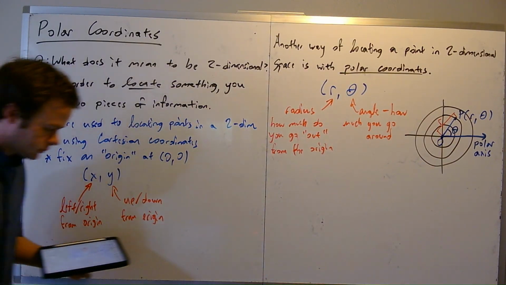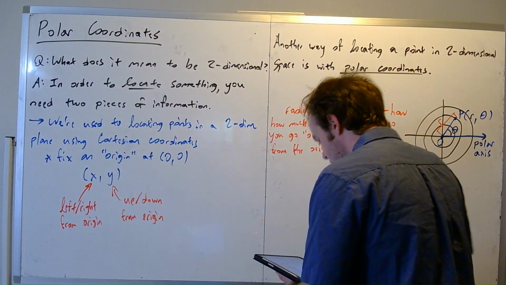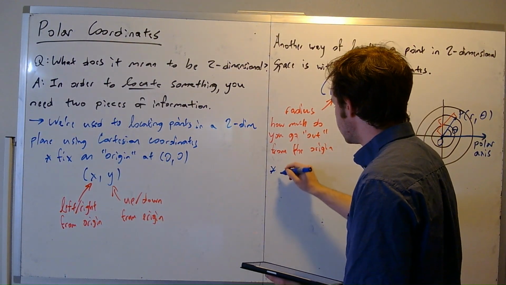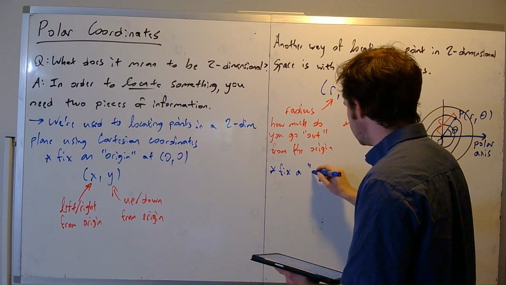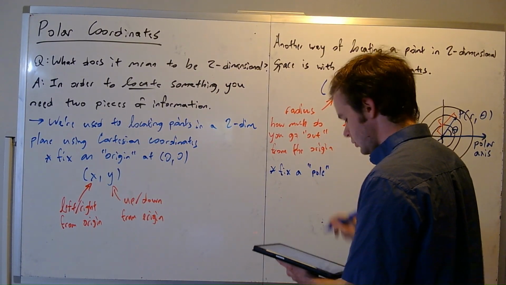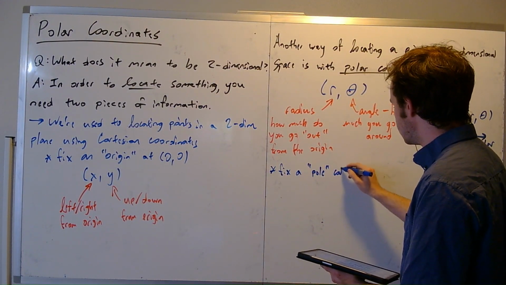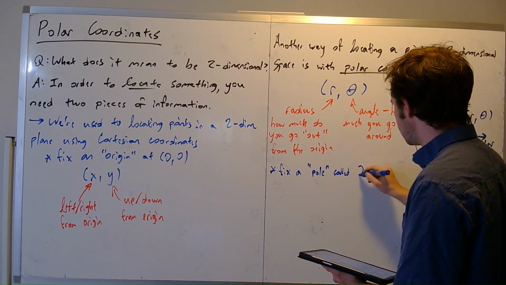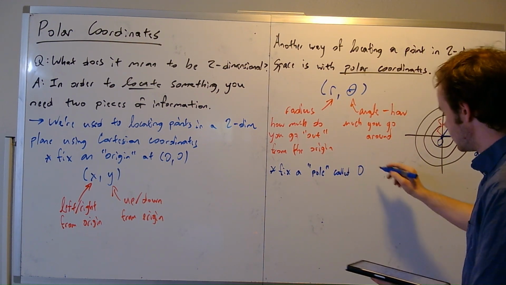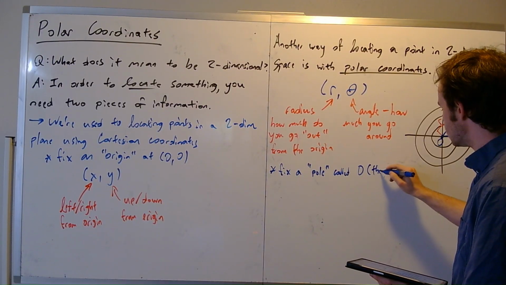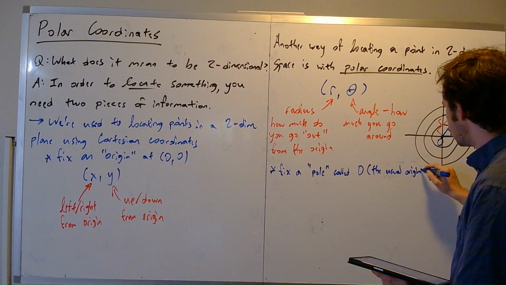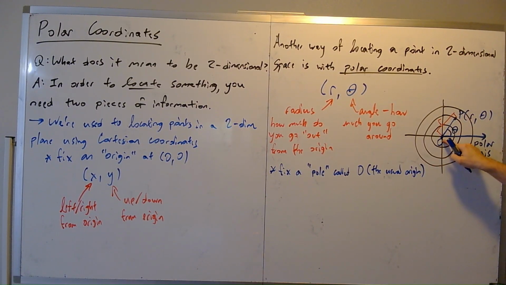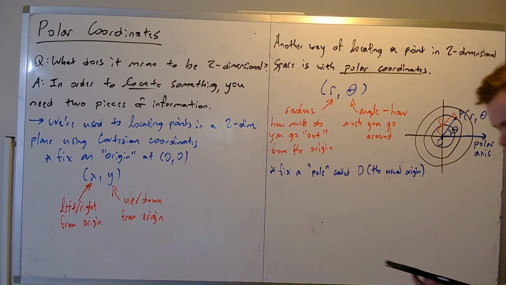Okay, so I'll write down what I said there. We're going to fix a pole called O, which is the usual origin. We're going to call the origin a pole.